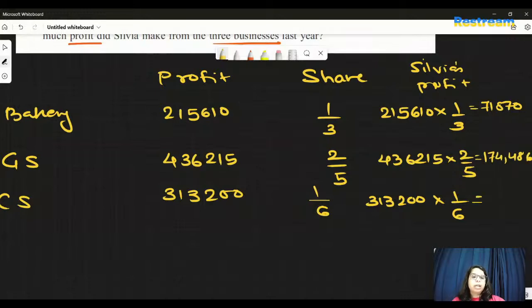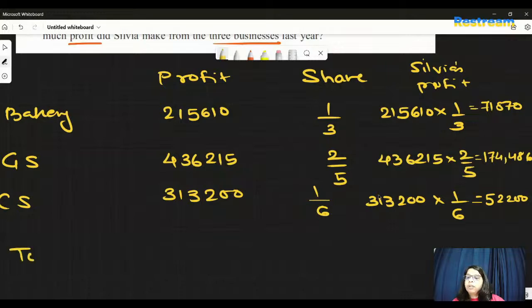Okay, and the last one is 313,200 divided by 6 or multiplied by 1 by 6. So it is 52,200. Okay, now these are the individual profits from each business.